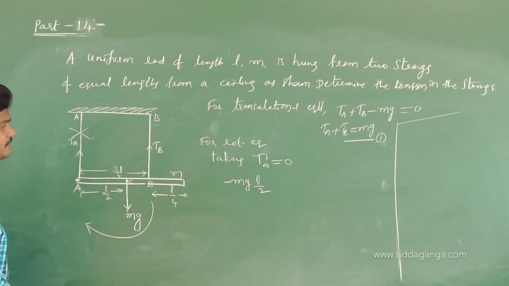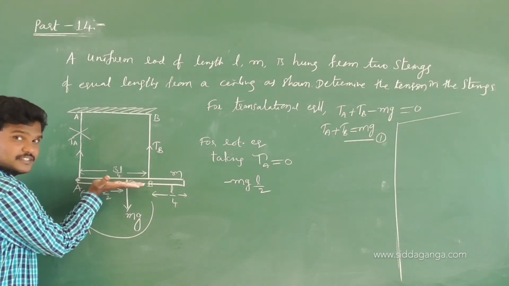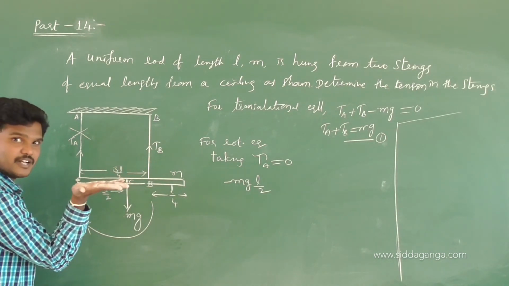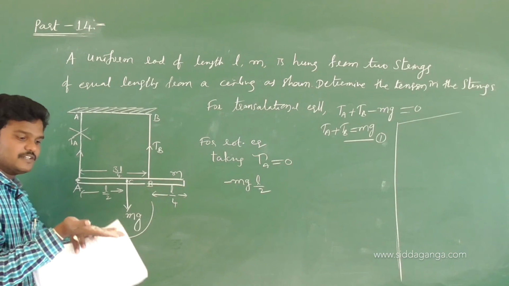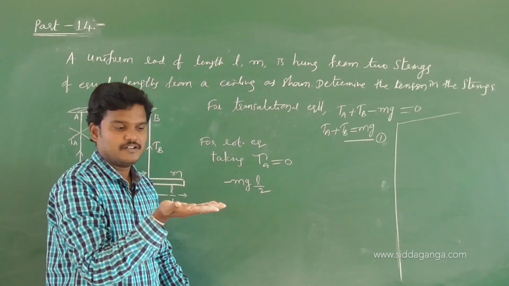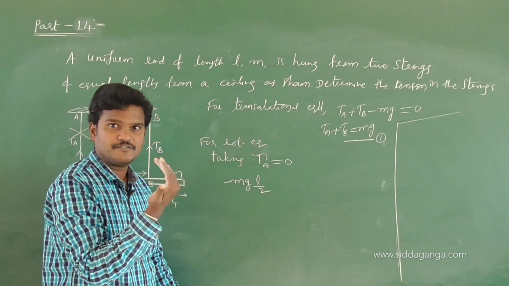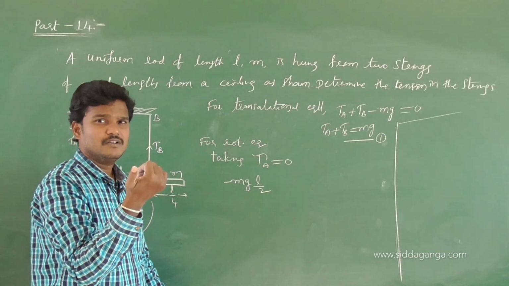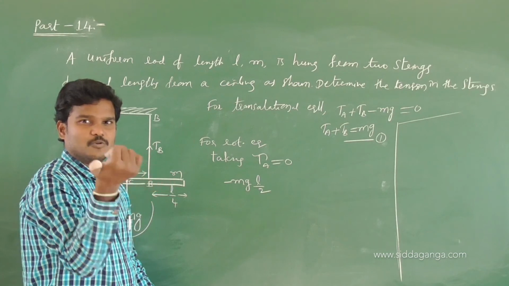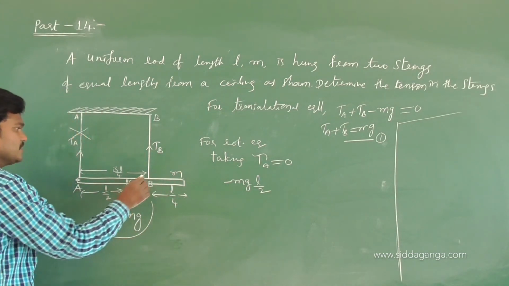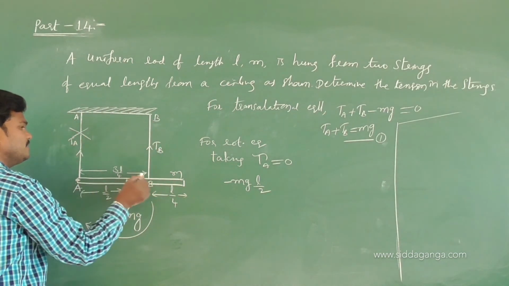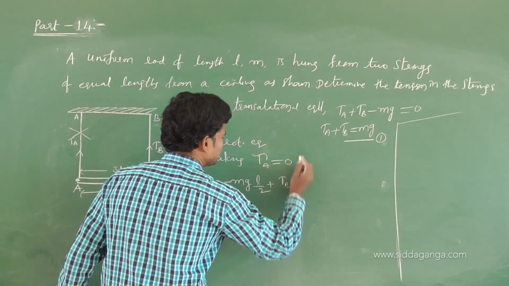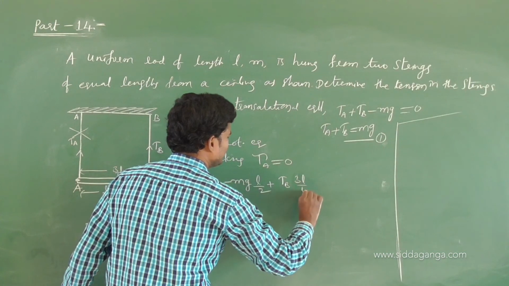Coming to TB, place the hand like this. TB is acting up. You place your hand in this manner such that this gives R, and the side the fingers are moving is F. The thumb represents the direction of torque, outward. Outward means positive. At what distance will TB be there? TB is at a distance of 3L by 4.